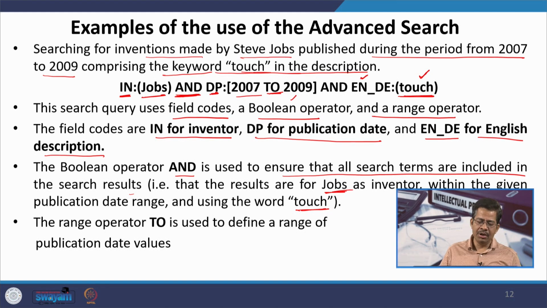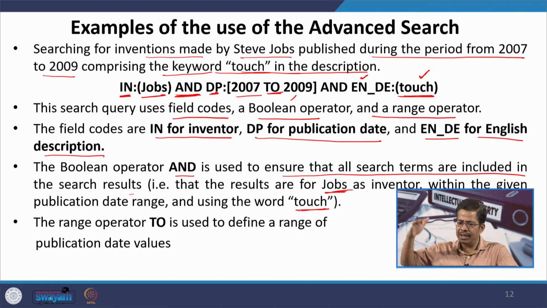If you simply write Jobs, it will create outputs which are not coming from Steve Jobs. So, what type of inputs you are giving in your search strings is also an example of lean thinking in your IP portfolio.